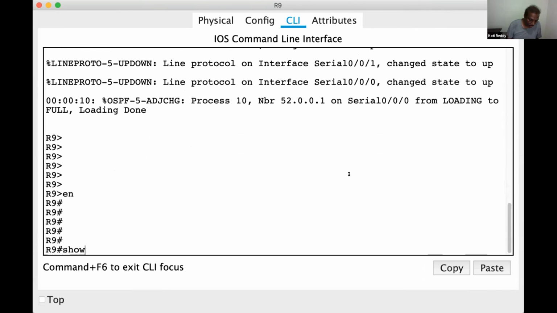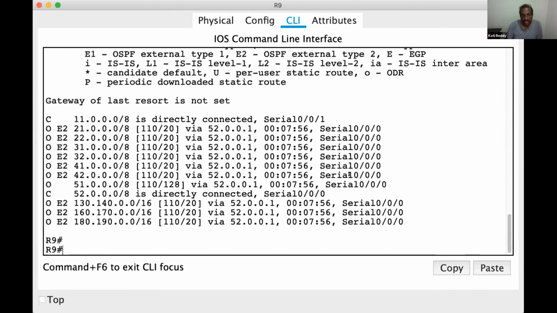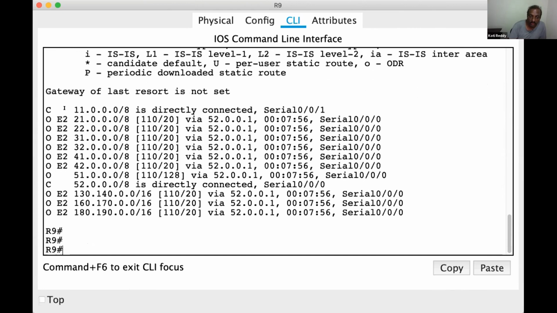I give the command show ip route. When I say show ip route here, I can see all these routes: 20 series routes, 30 series routes, 40 series routes, 50 series routes, and also 130, 140, 160, 170, 180, 190. Because I have done redistribution on the topology properly, we are able to see all these routes in the routing table of R9.